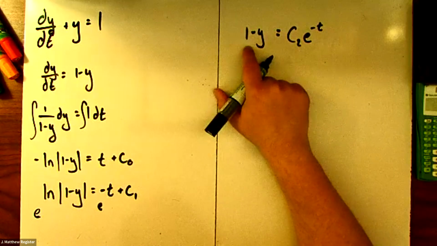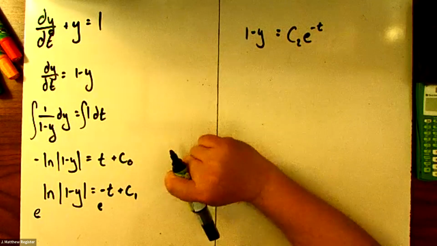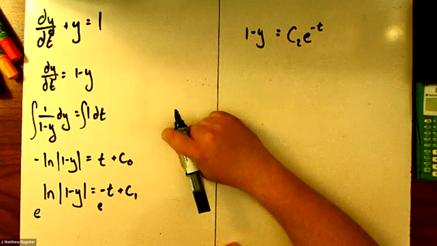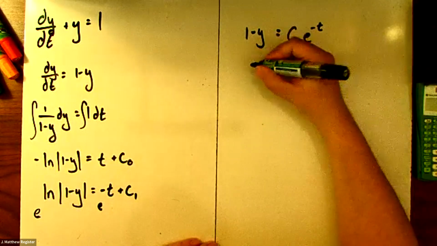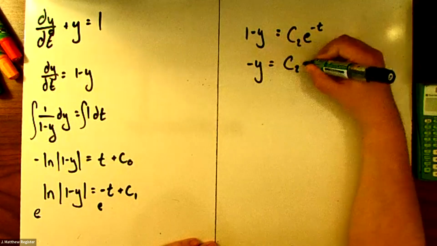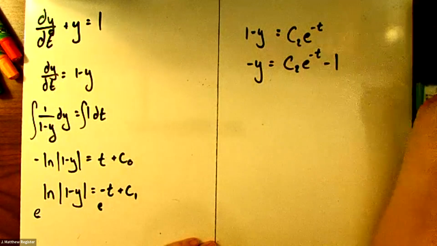But now we can clean this up by just bringing our 1 over and then changing the signs of everything. So if we subtract 1 on both sides, we'll get negative y is equal to c2 e to the negative t minus 1.